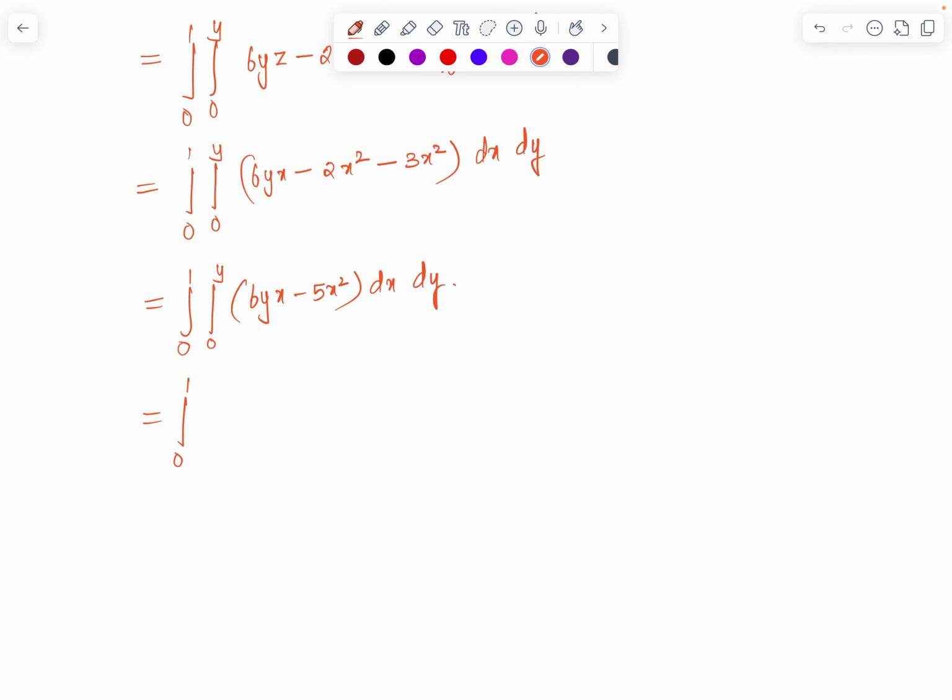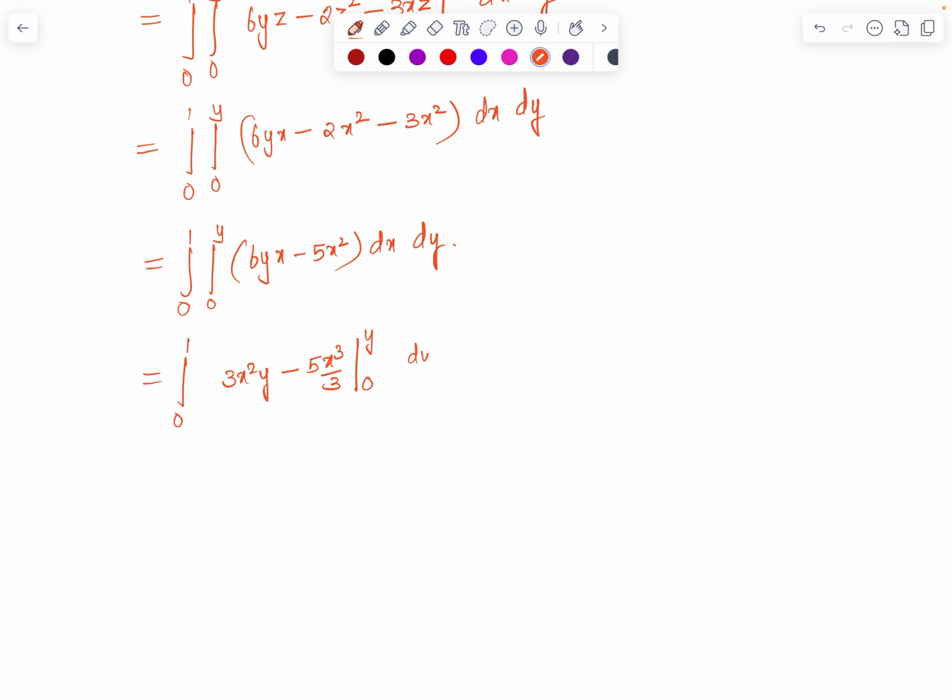So there is 6x. So what do you get? It is 3x square y minus 5x cube by 3 within the limit 0 to y.